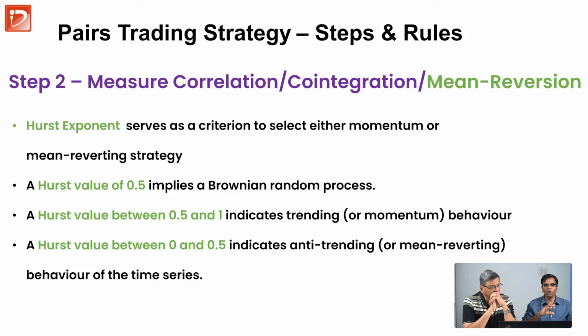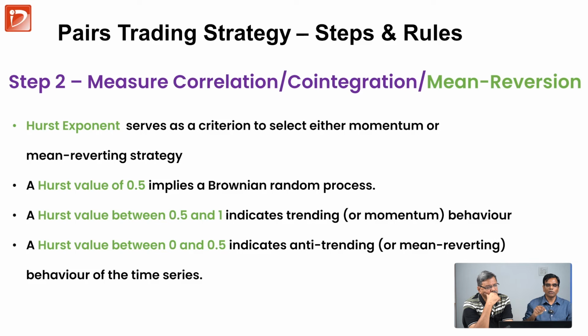So a Hurst value of 0.5 implies a Brownian random process. Brownian, if you see in physics, this is often talked about. Brownian random process means any given object is randomly moving. There is no purpose kind of thing, right? It's a Brownian movement. So when Hurst value is 0.5, there is random thing.